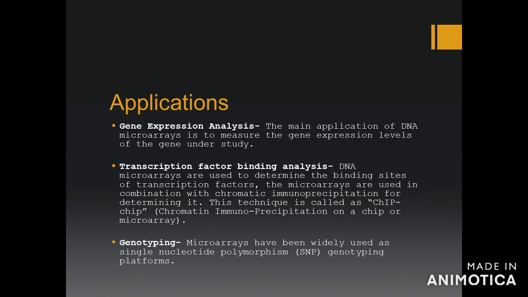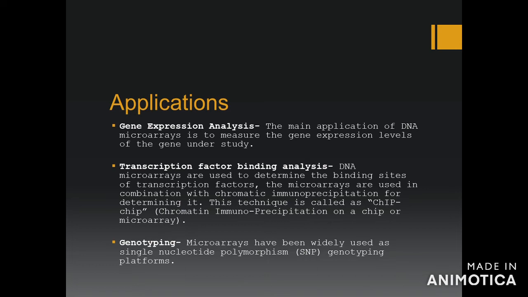Then comes the transcription factor binding analysis, where the DNA microarrays are used to determine the binding sites of transcription factors, and the microarrays are used in combination with chromatin immunoprecipitation for determining it, and this technique is called ChIP-on-chip. The first ChIP is chromatin immunoprecipitation. The second chip is microarray.